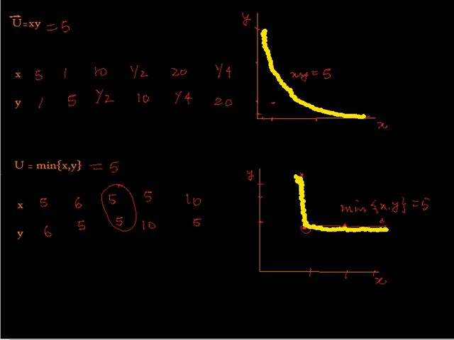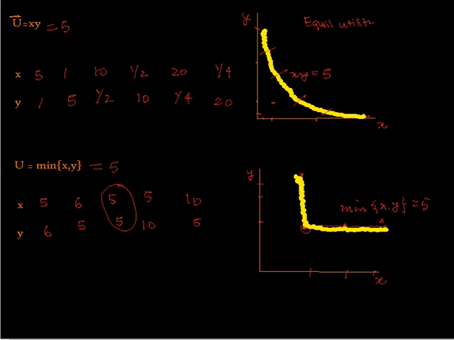What is most important to understand is that along an indifference curve, the consumer is indifferent between the several points. If you, being a consumer, are at this point, or this point, or this point, or any point, all of these points are giving you equal utility, and hence you are indifferent.